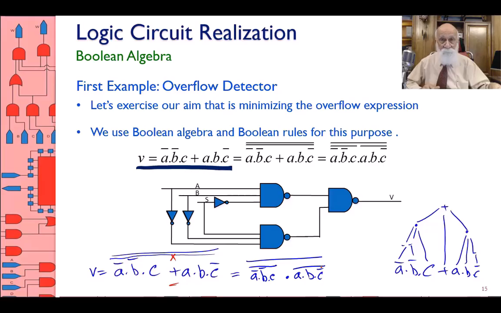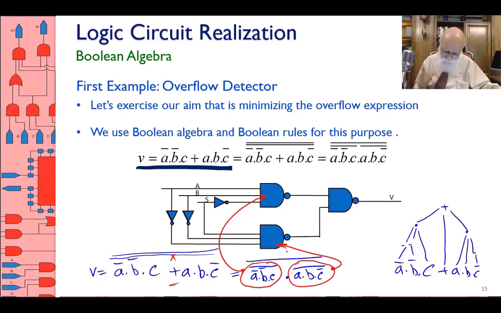Now let's do this. What does this expression say? This expression says A bar, B bar, C NANDed together, and therefore this is a NAND. This expression says, again, A, B, C bar NANDed together. This is the second NAND. Then what does the rest of this expression say?